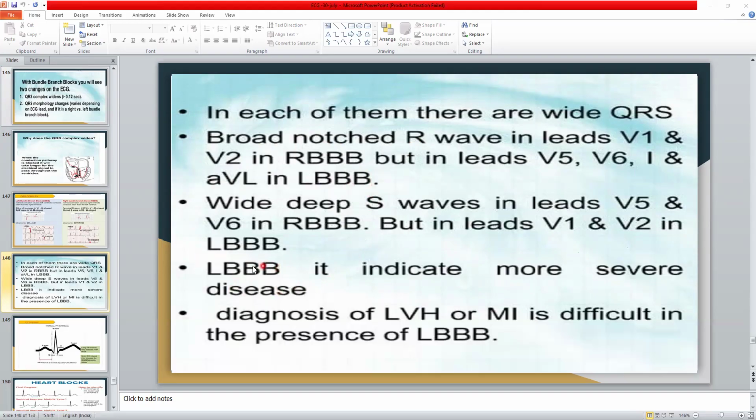This left bundle branch block indicates more severe disease. In the presence of LBBB, that is left bundle branch block, you will have a problem in diagnosing left ventricular hypertrophy or MI.